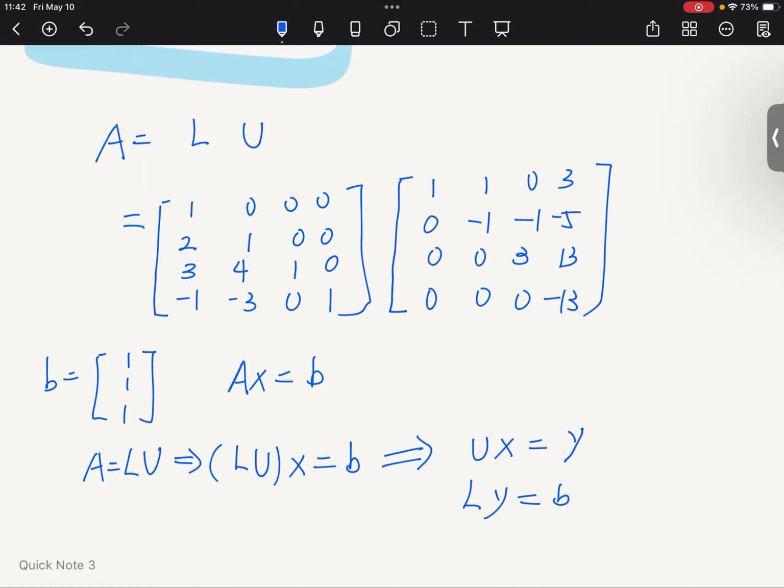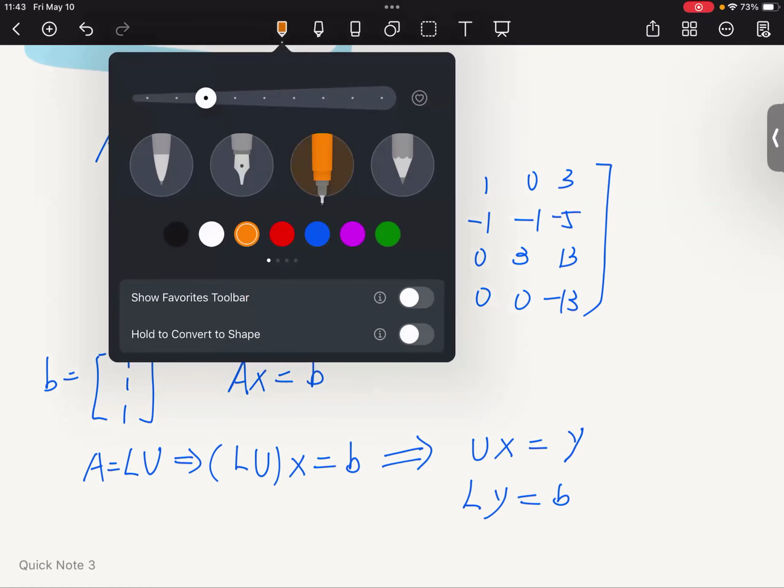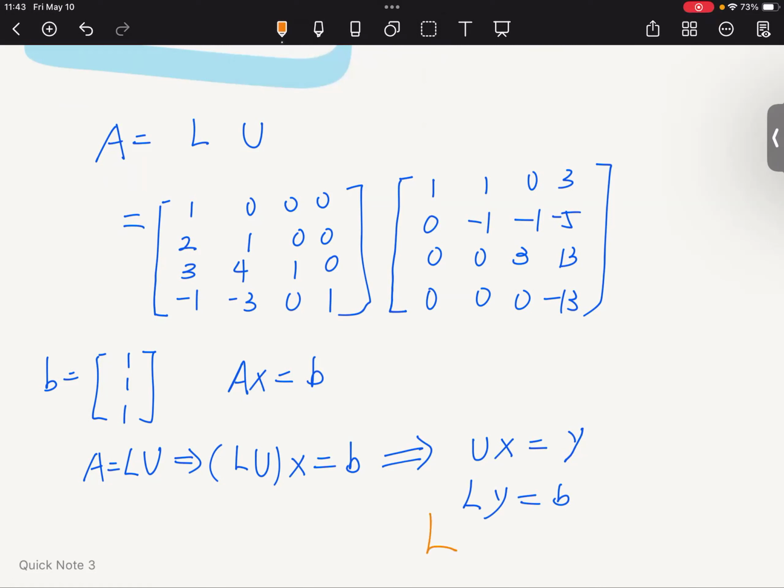So I will give a new variable here, UX equals Y, and then L times Y equals B. And what's this system? I'd like to remind you, this is the lower triangular equation, which means that we can solve this one with the forward substitution procedure.